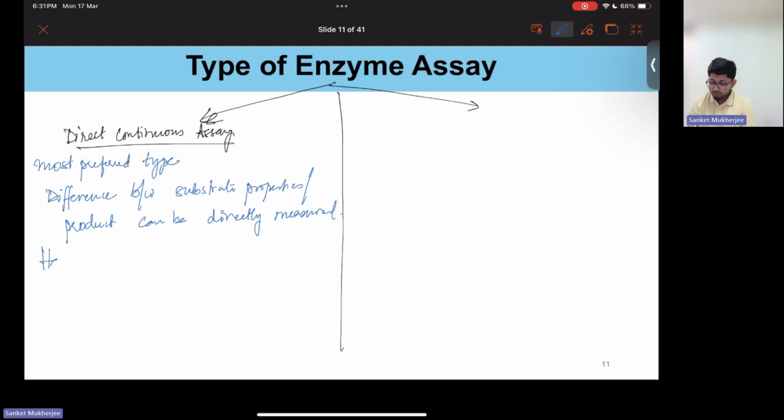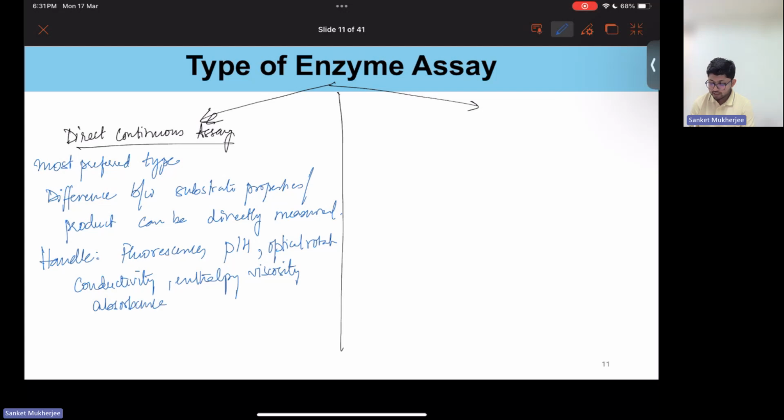So the measurement handle could be either fluorescence, pH, optical rotation, conductivity, enthalpy, viscosity, anything. It could be absorbance as well. So we'll see all of that.